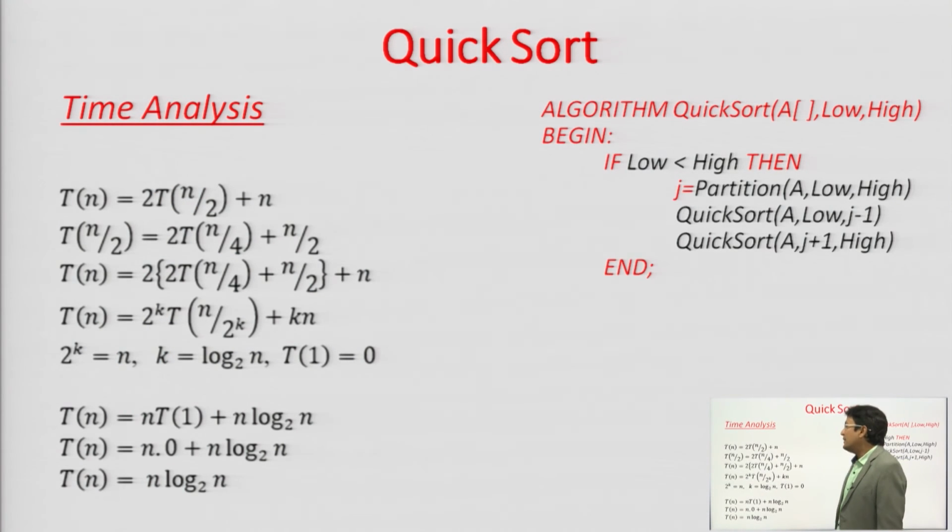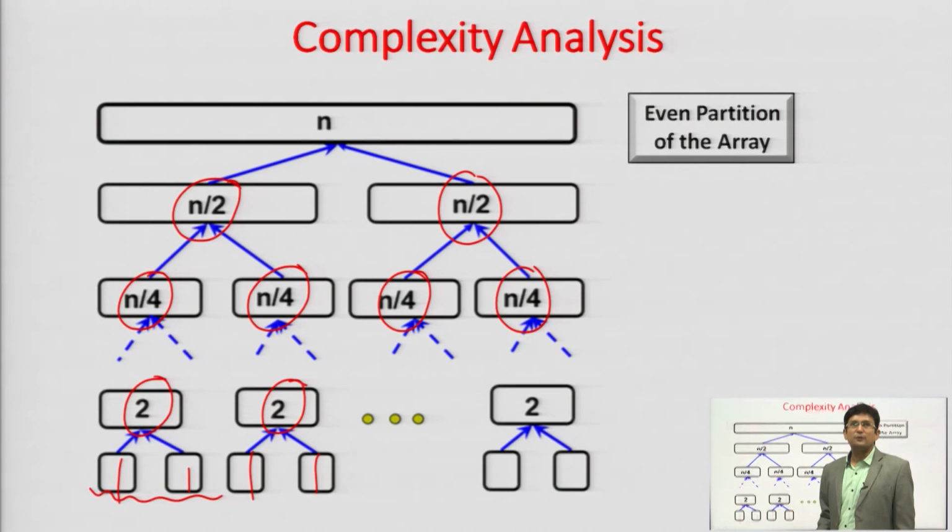Now, what will be the recurrence for this quicksort algorithm? We already found that the partition algorithm requires theta of n time, in case we have the size of the array as n. After this, we are partitioning this into two parts. In the best case, the array will be divided into even parts, half towards the left of j and half towards the right of j.